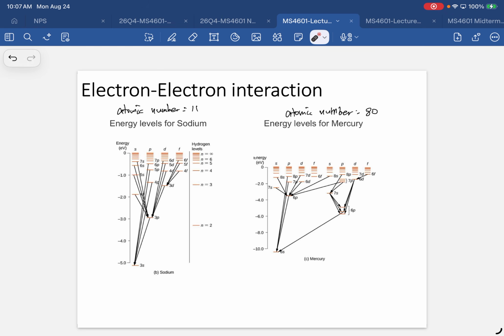For example, here 6s and 6p have different energies. And also, even within 6p, there are actually varying energy levels. These are all because of electron-electron coupling, and that is how we should consider filling the electrons in orbitals.